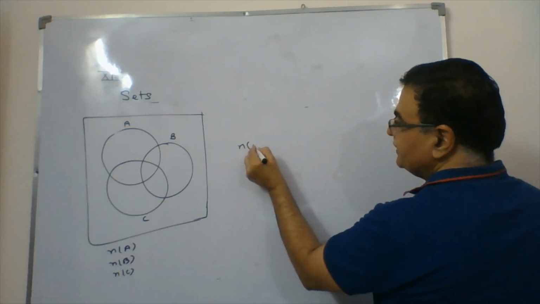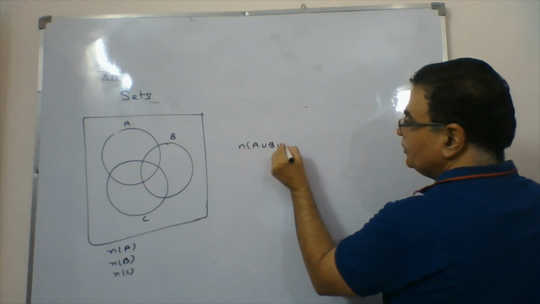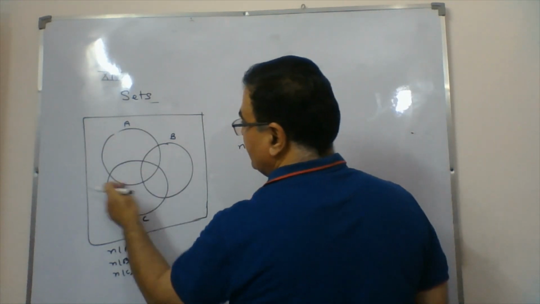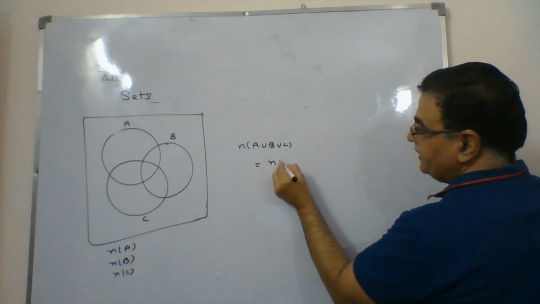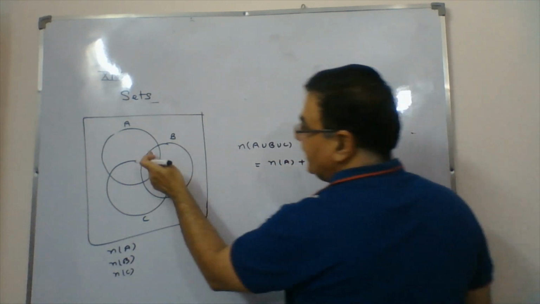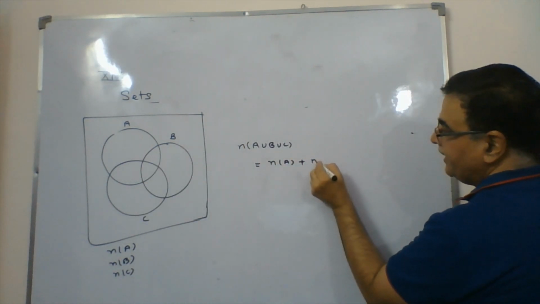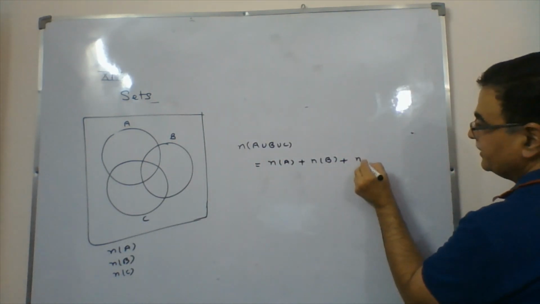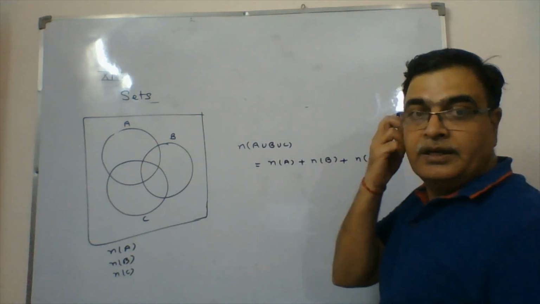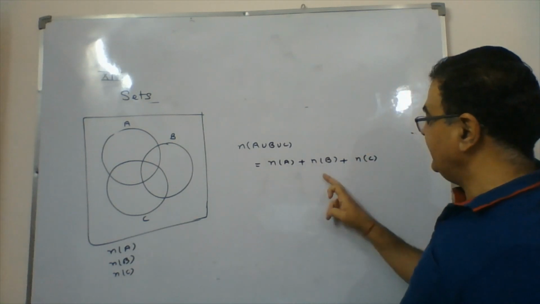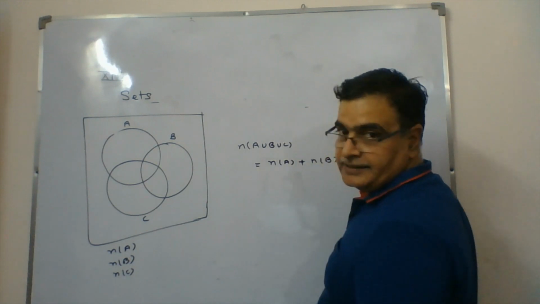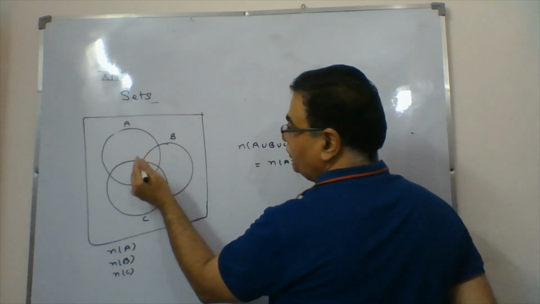So if they are asking A union B union C, when you do this, first will be A complete, that is NA. Then B complete, that is NB. Then C complete, NC. Then in this case, just check this portion.